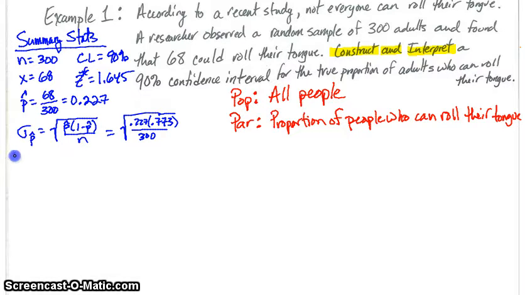Conditions. Okay. So I've got to have my conditions. S. It says according to a recent study, a researcher observed a random, aha! So I would say it is given that a random sample is used.